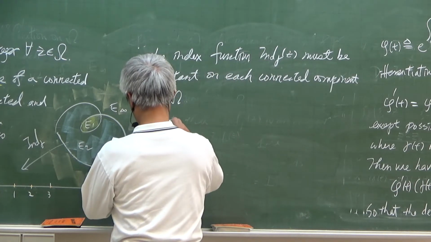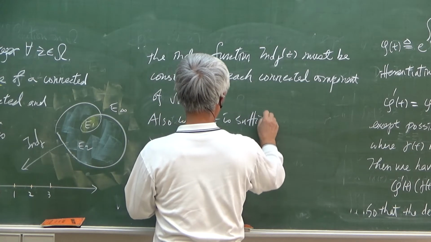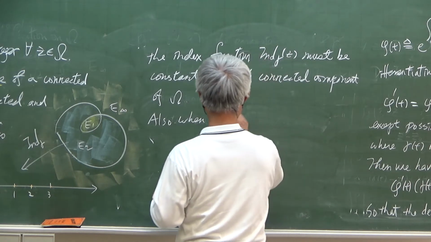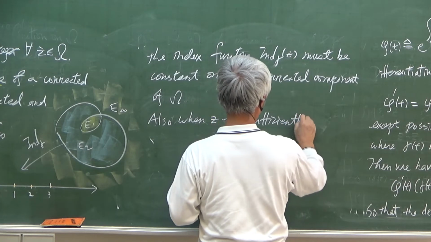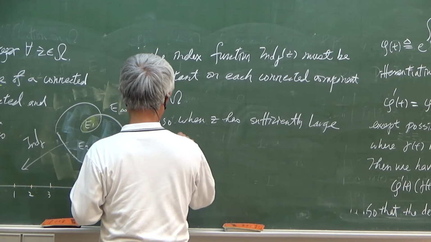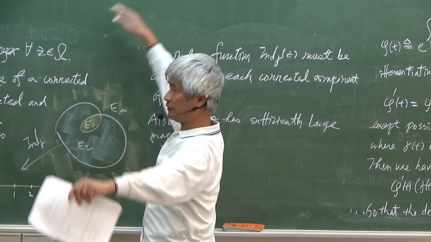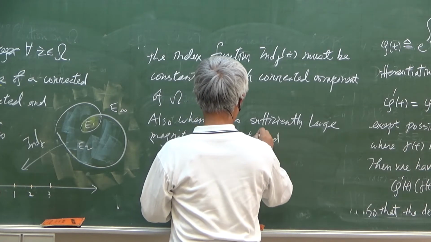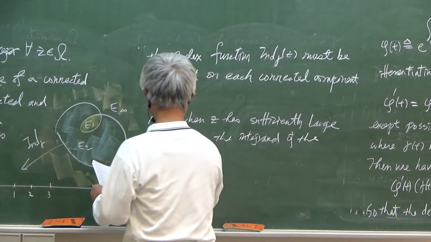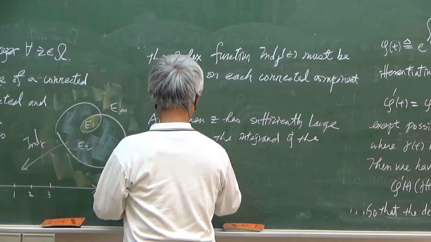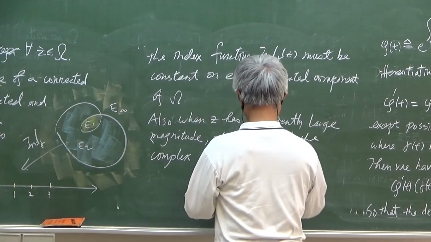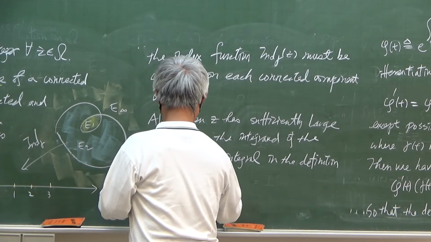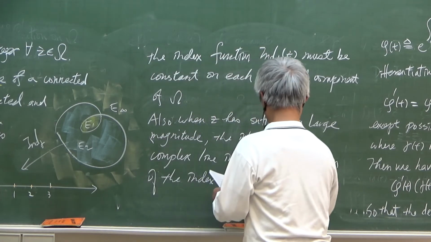Now, when z has sufficiently large magnitude, so z is very far away from the origin, the integrand of the complex integral in the definition of the index function is very small.